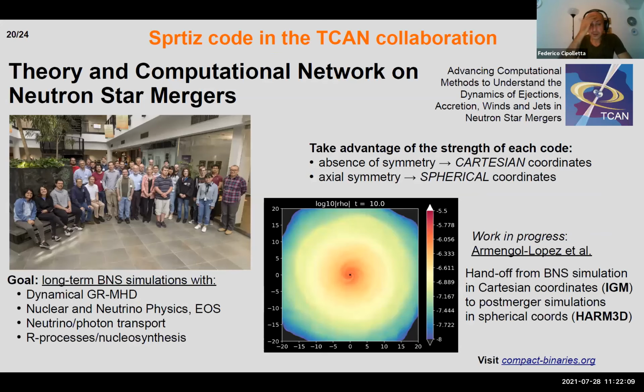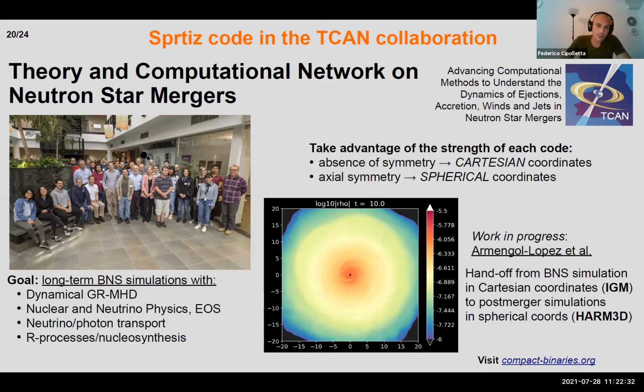Then in 2020, last year, I went as a postdoc to the TCAN, and I ported the Spritz code in the TCAN collaboration. So the TCAN collaboration is a big collaboration between several universities with the goal of performing long-term binary neutron star simulation.